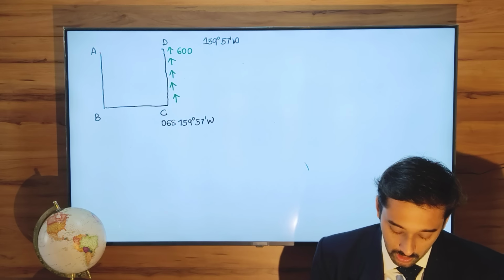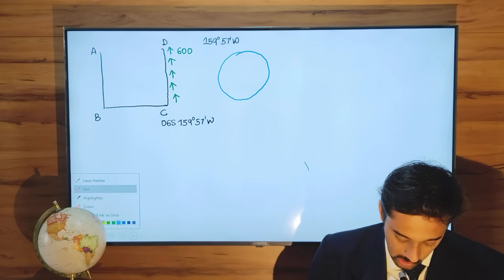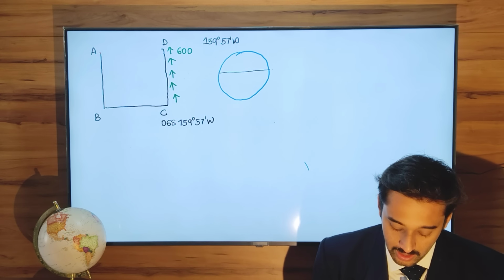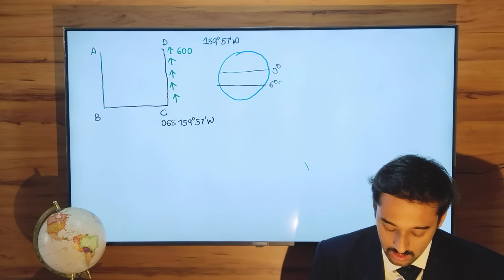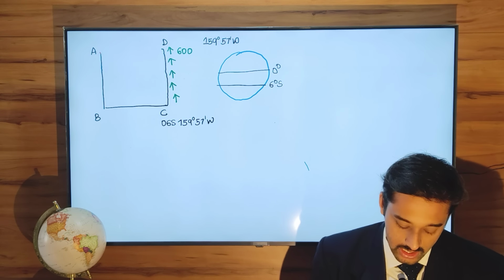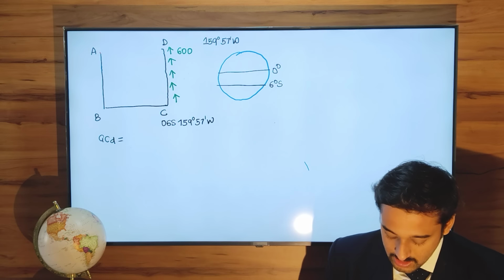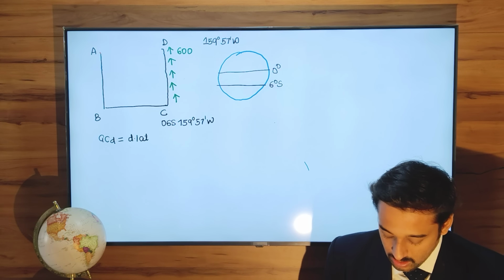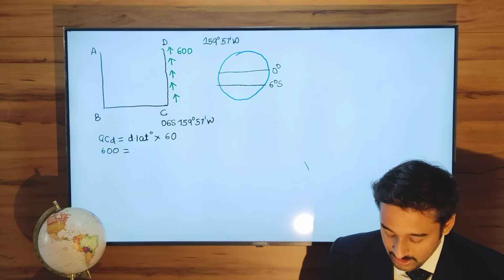Okay. For simplification, let's draw the latitudes. 0 degree equator, 6 degree south. Now we are going in the northerly direction, so this will be a great circle track. So great circle distance is d lat into 60. Put the value: 600 equals d lat into 60.